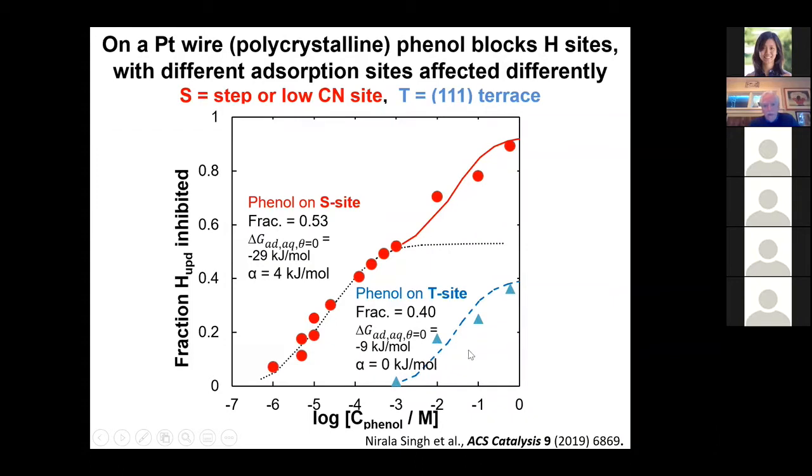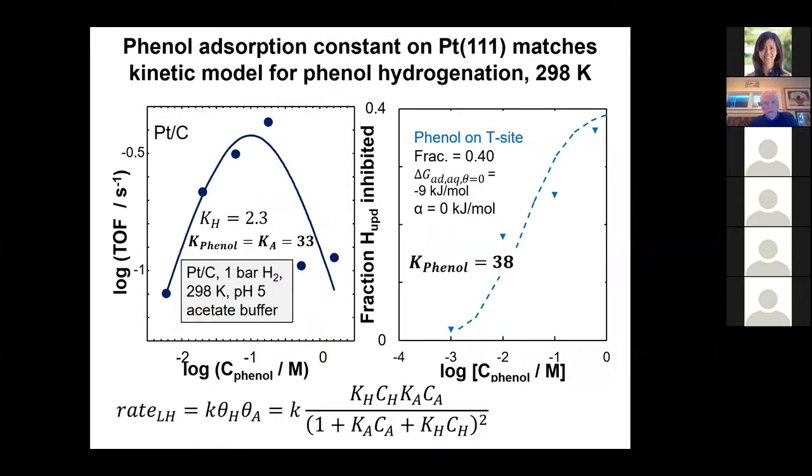And so from the amount of hydrogen adsorption that's being blocked, we get the coverage, really the relative coverage of the phenol on the site. So it goes up with phenol concentration on the step sites. It takes orders of magnitude higher concentration to populate the terrace sites, and a different equilibrium constant and delta G0 for that process.